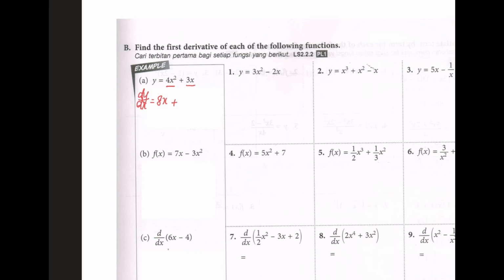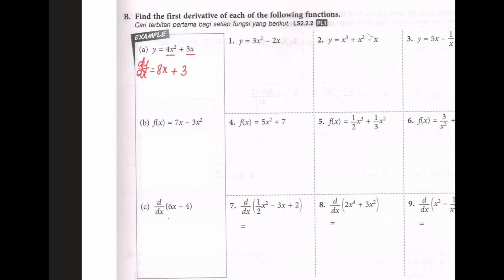So 3x is the special case just now. 3x become 3. Okay, now B. Yeah, one term here, another term here. Okay, so if they give us f(x), after doing differentiation, we write f prime of x. f prime of x. Okay, so 7x, the special case just now, if you still remember the power 1, kx become k.